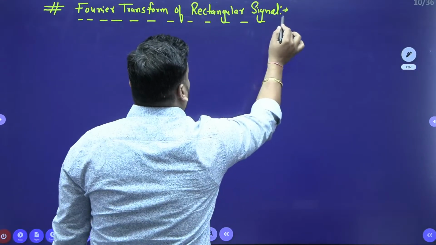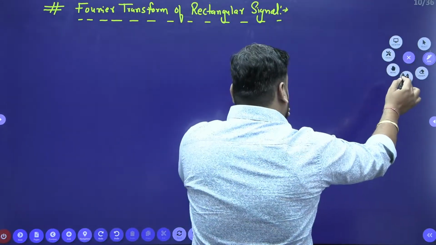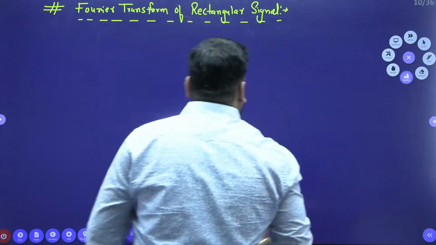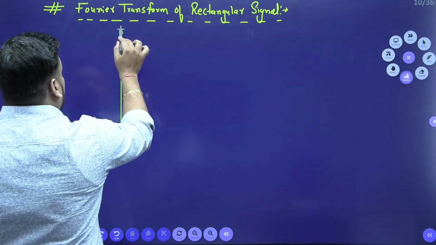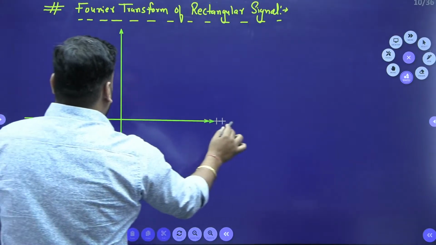First of all you have to create the standard rectangular signal, guys. If I create the standard rectangular signal, it will be like this.